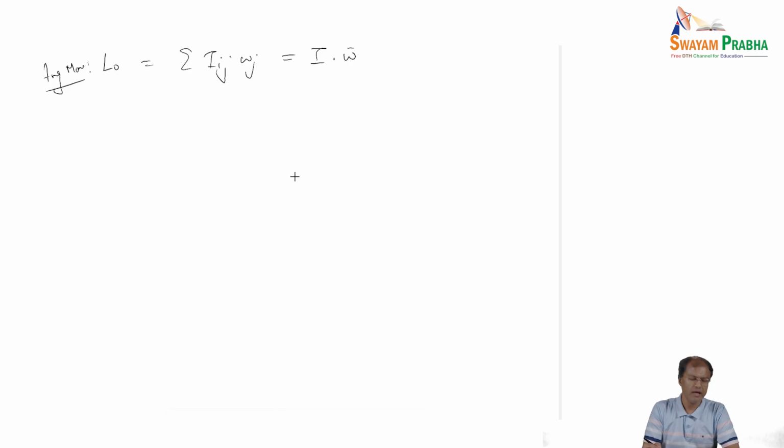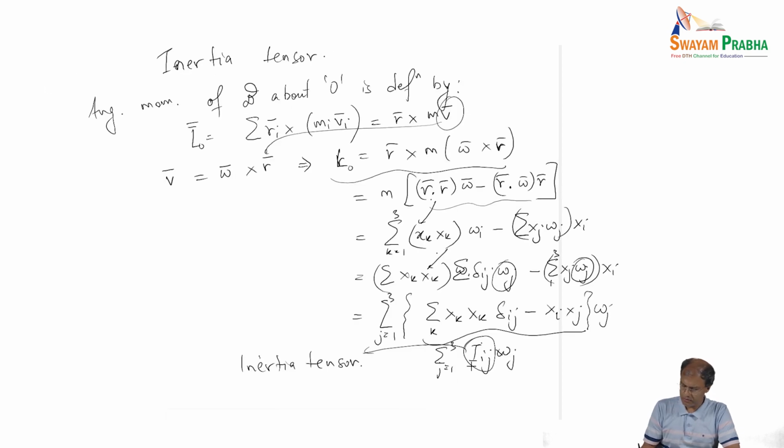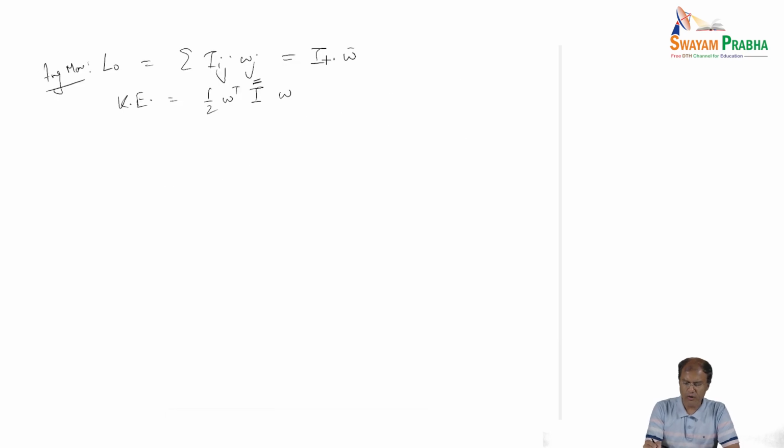So this is our angular momentum, and our kinetic energy in terms of the inertia tensor is given by half omega transpose I omega. Now I have to put a double bar on top of this I, so this is an inertia tensor I double bar, so that I don't confuse this I with the identity matrix.